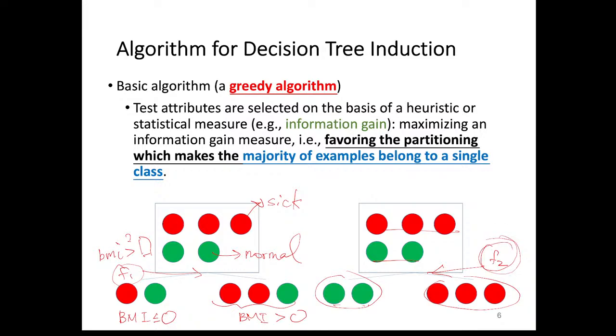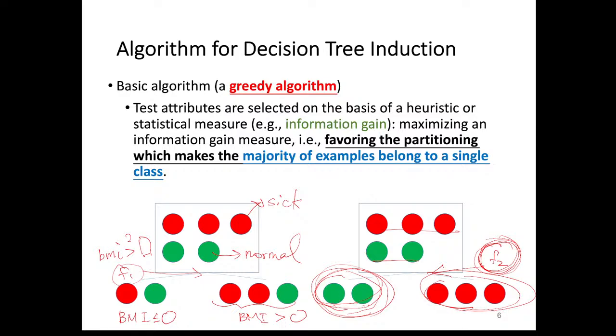It should be F2, right? Because if we use F2 to group people into 2 groups, every group is very pure. Pure means that if in the future, based on this rule, a person falls into this group, we are more sure that this should be a normal person.